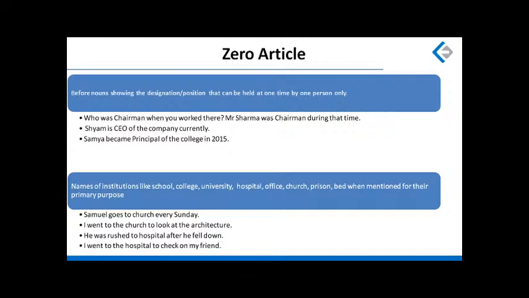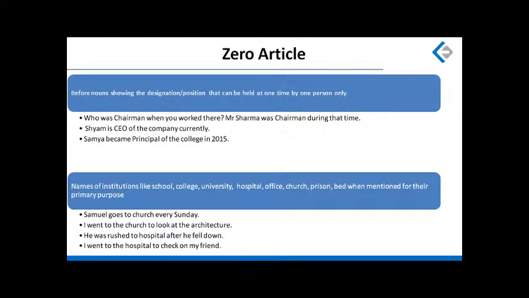That is where I don't need that article. But if you are just saying that he goes to a particular church and you don't want to imply that he prays there, then you can say "Samuel goes to the church every Sunday." "I went to the church to look at the architecture." You compare the first and second, you realize that the purpose has changed.